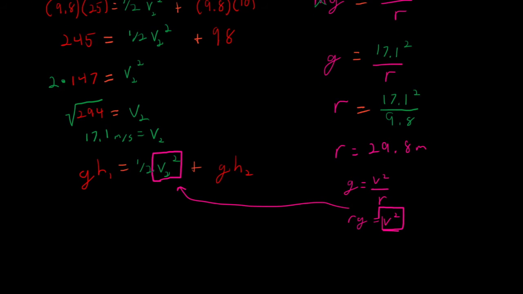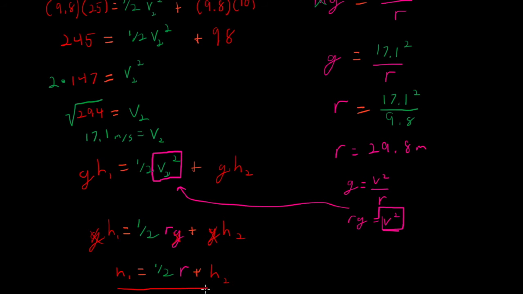And so I could say, now what's nice about this way is my gravities cancel out as well. And I end up with H1 being equal to 1/2 R plus H2.